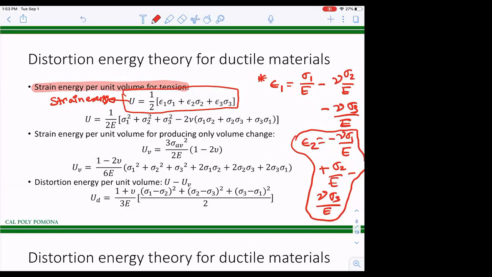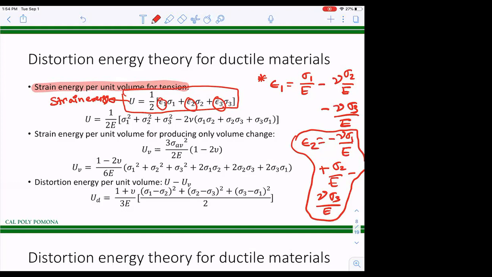So instead of writing sigma 1, sigma 2, sigma 3 here, if I write epsilon 1, epsilon 2 and epsilon 3, instead of writing them in terms of strain, I can write everything in terms of stress, sigma 1, 2, 3.